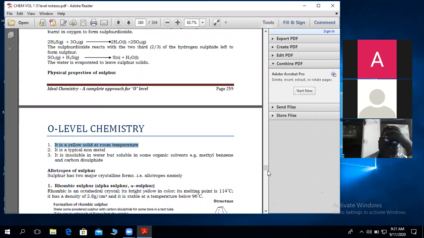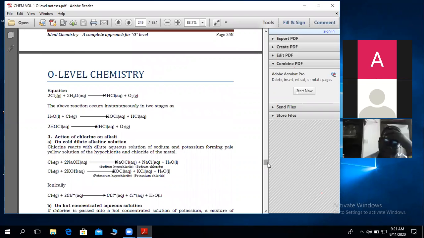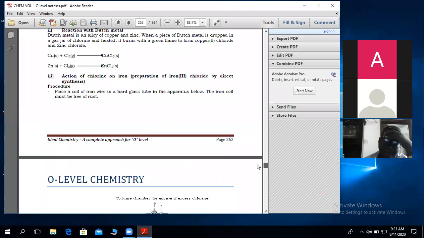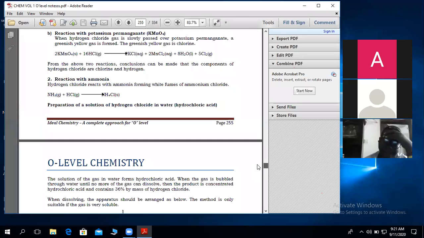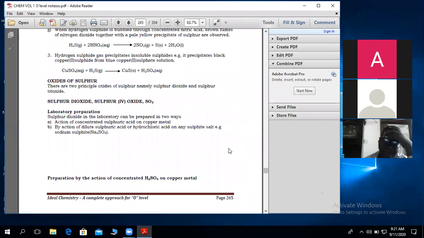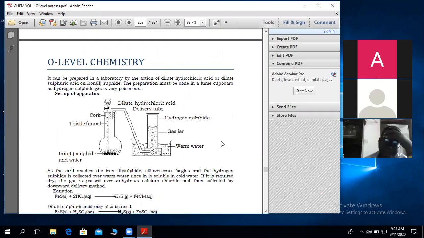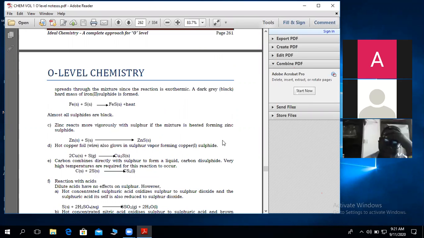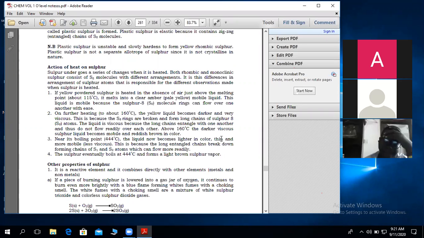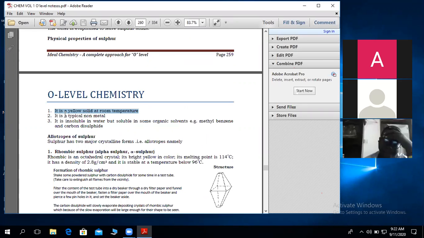That's why in the extraction, we were adding superheated water and hot compressed air to melt the sulfur, such that it comes out as a liquid. So at room temperature, it is a solid.